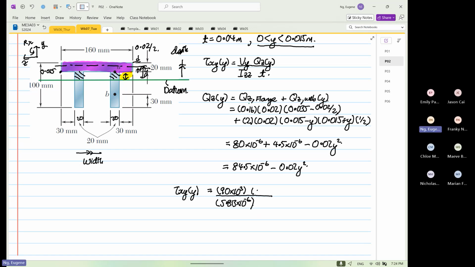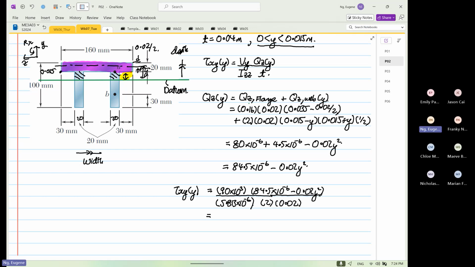Then we include 84.5 times 10 to the power minus 6 minus 0.02 y squared. And then we divide the whole thing by twice of 0.02, which is equal to 0.04. Okay.